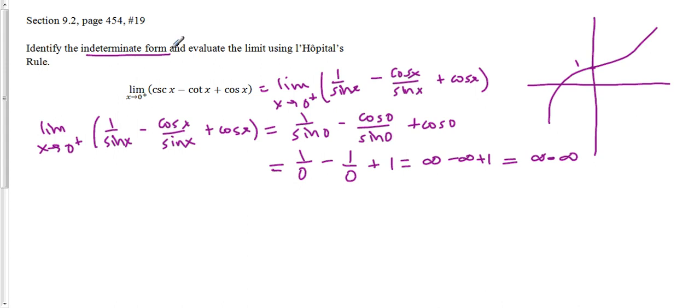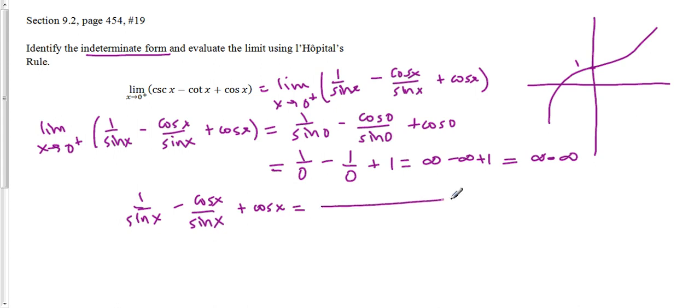That's a nonsense number. It doesn't have any meaning. It doesn't make any sense. And I can't stop there. It's not an acceptable answer. And we talked earlier that when we got the indeterminate form of infinity minus infinity, we wanted to try to find a common denominator. So I'm working with the function 1 over sine x minus cosine x over sine x plus cosine x.